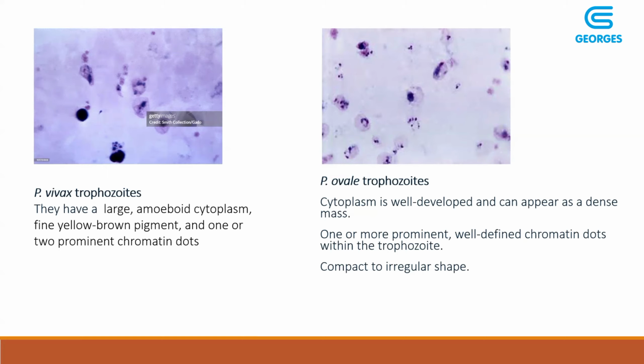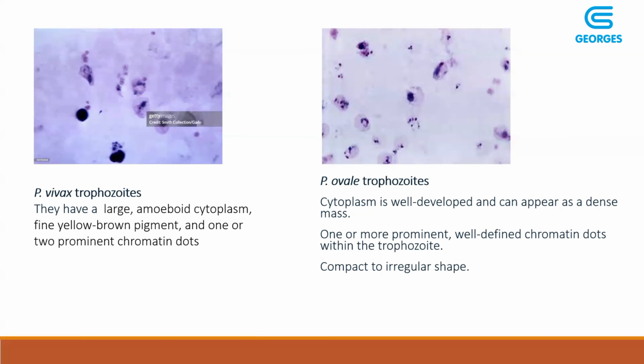And then we have one or two prominent chromatin dots. On the images, they are quite amoeboid. Even the shape of the parasite is not clearly seen, but it is a bit amoeboid. And then we can see the chromatin dots. They can be large. And then we have the pigments on the parasites.